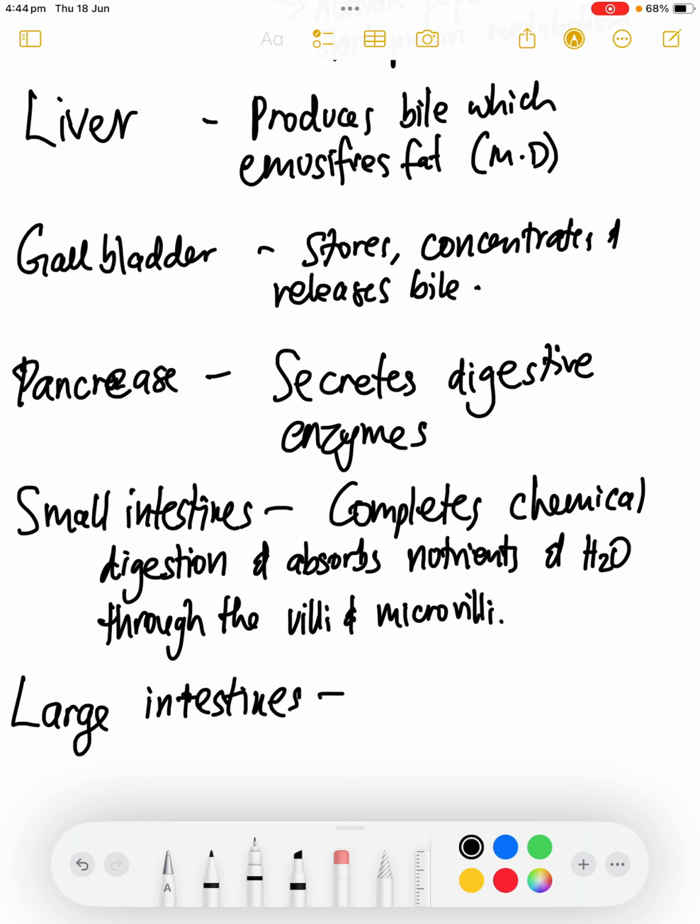Okay, and then we've got the large intestines. That is an ascending, transverse, and descending colon as well. The ascending going up, across and down. All right. And what happens in here?